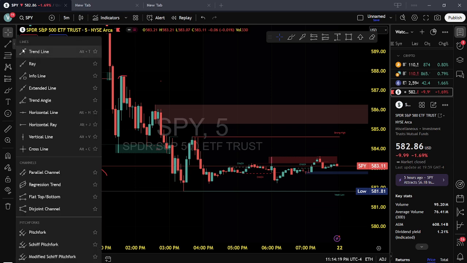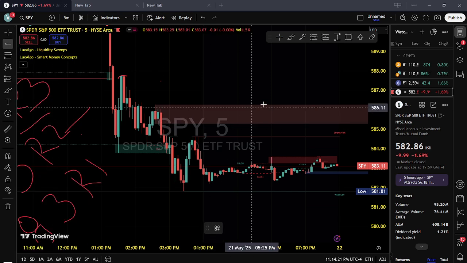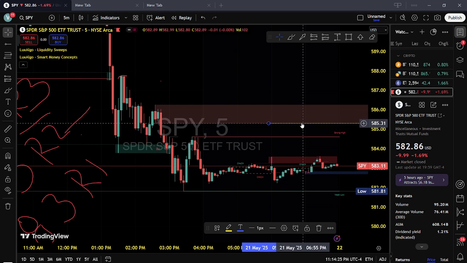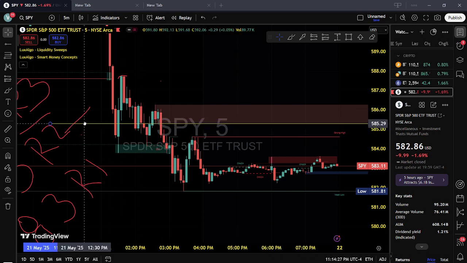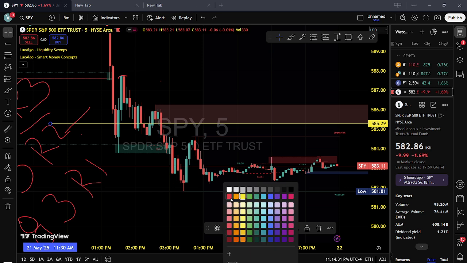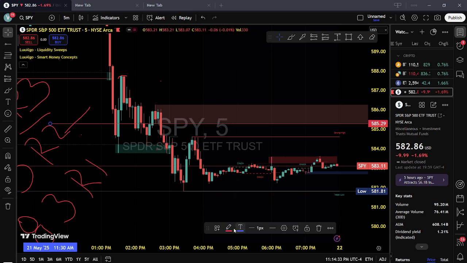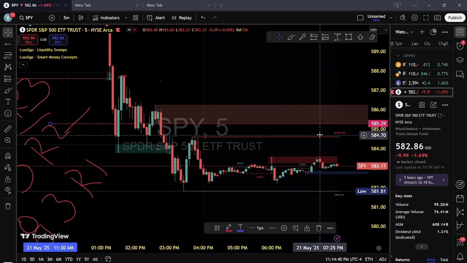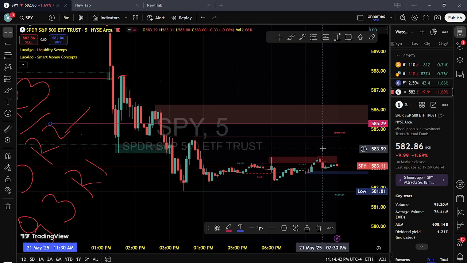So let me draw our horizontal lines and mark them. Instead of yellow, I'll make the color red, or a little pinkish. All right, this is fine.